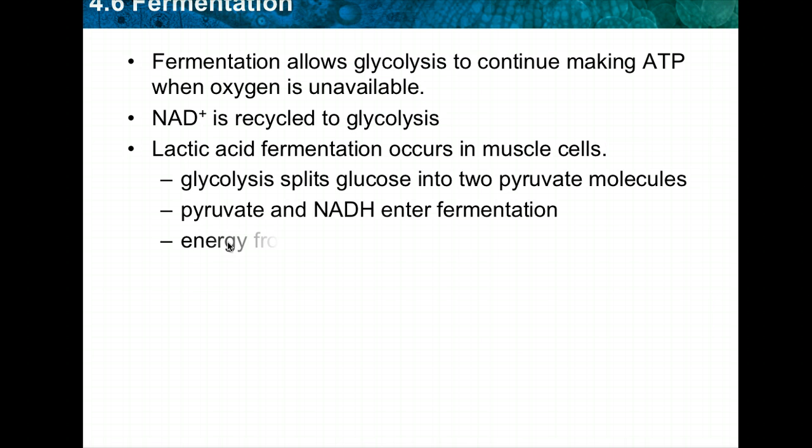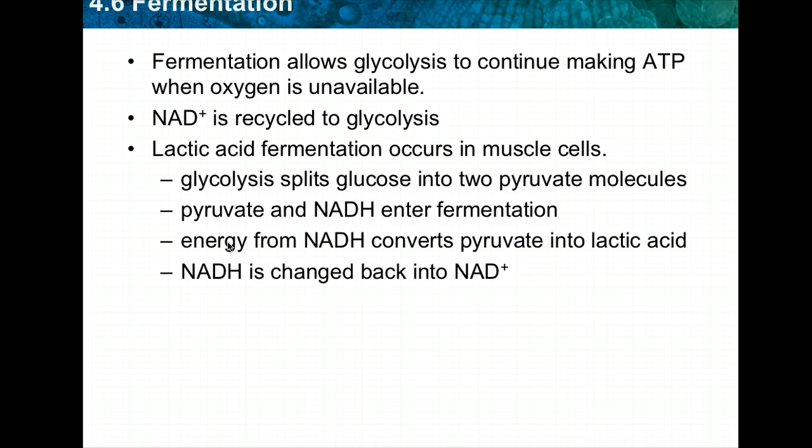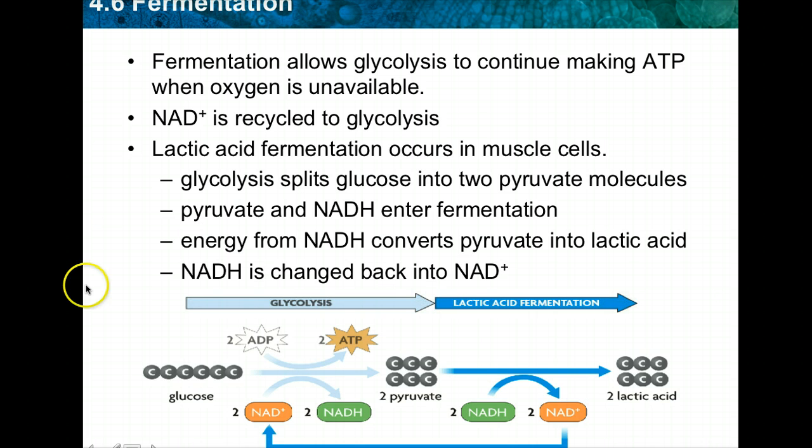Glycolysis again is going to split the glucose into two pyruvic acids, and here is our lactic acid equation. I'm going to do the same thing I did before and give you guys the equation. The lactic acid fermentation equation is pyruvic acid plus NADH yields lactic acid and NAD.